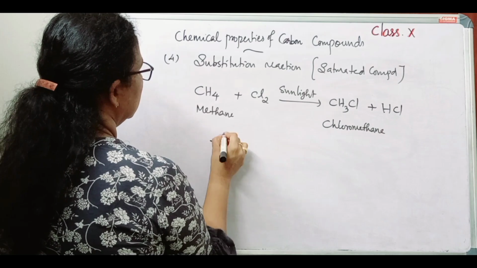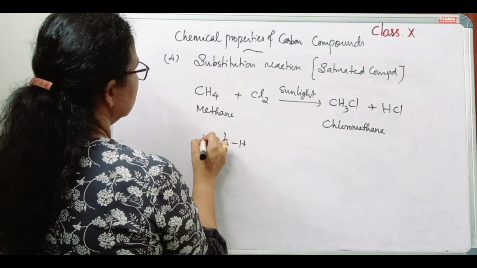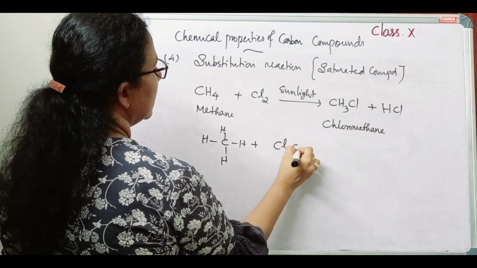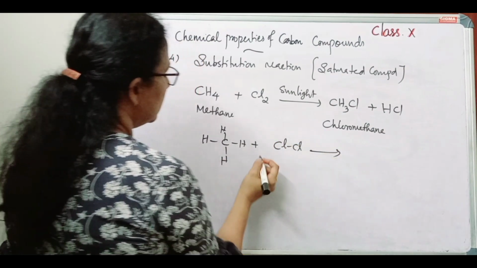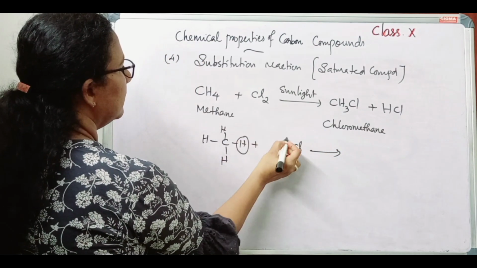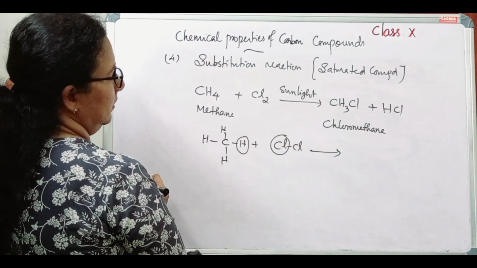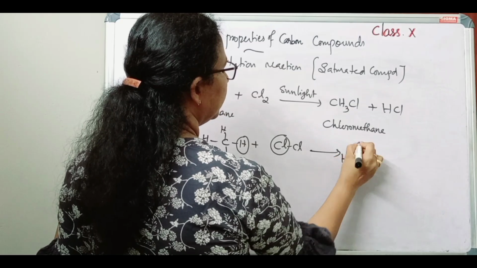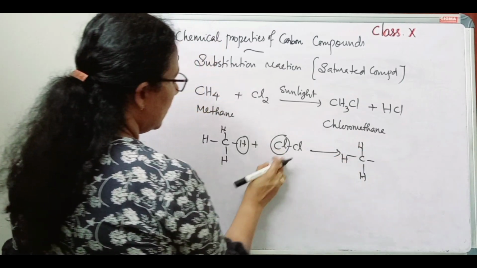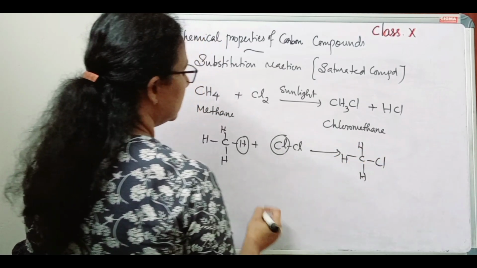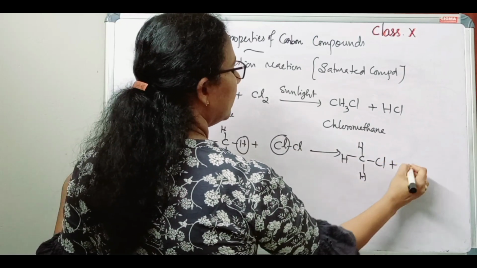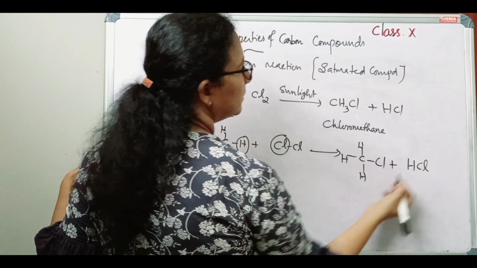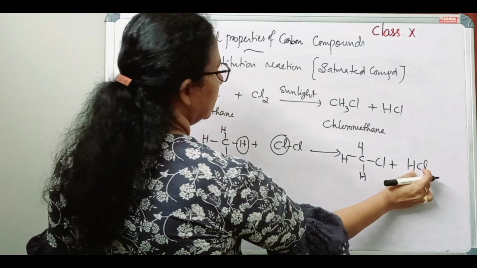Actually what happens is, this is methane, then Cl, substitution takes place. One hydrogen will be replaced by one Cl. So the product will have three hydrogen atoms, one chlorine substituted, and the rest of the atoms combine together to form the byproduct, that is HCl.